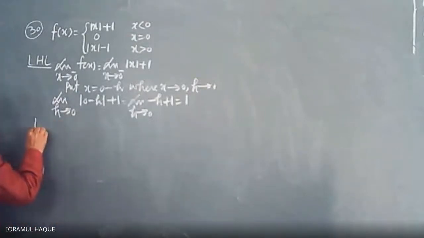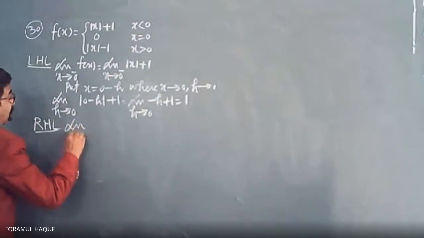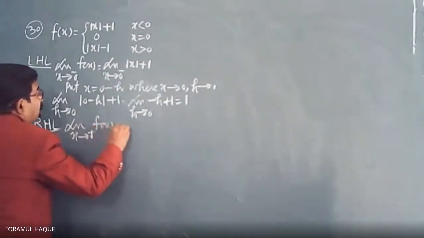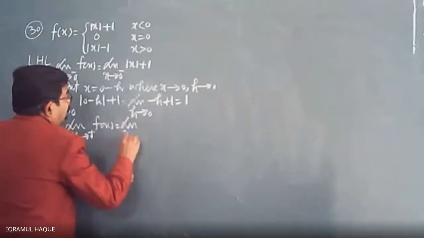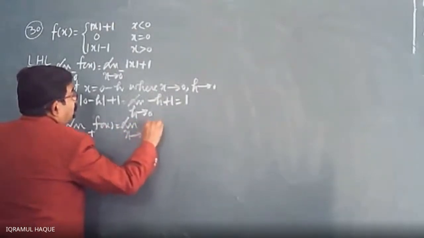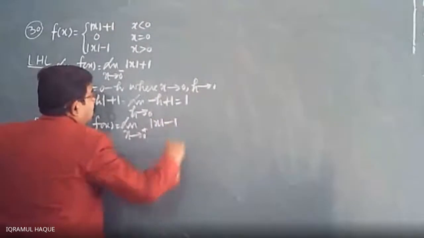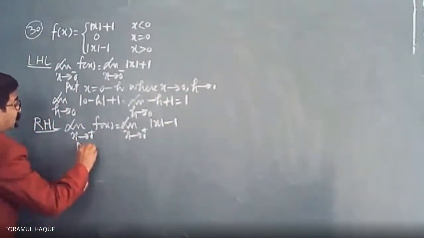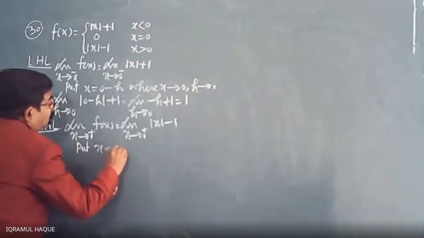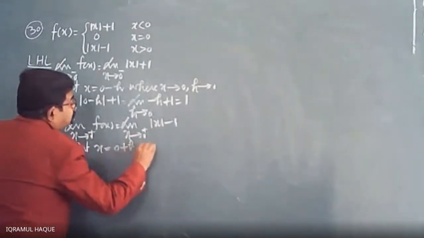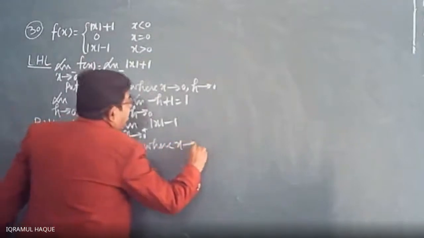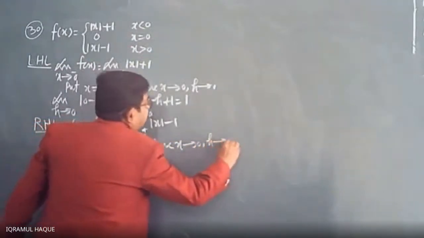Now RHL: limit as x tends to 0 plus of f(x). So we have limit x tends to 0 plus of mod of x minus 1. Now change the limit. Put x equal to 0 plus h, where x is tending to 0 and h is tending to 0.